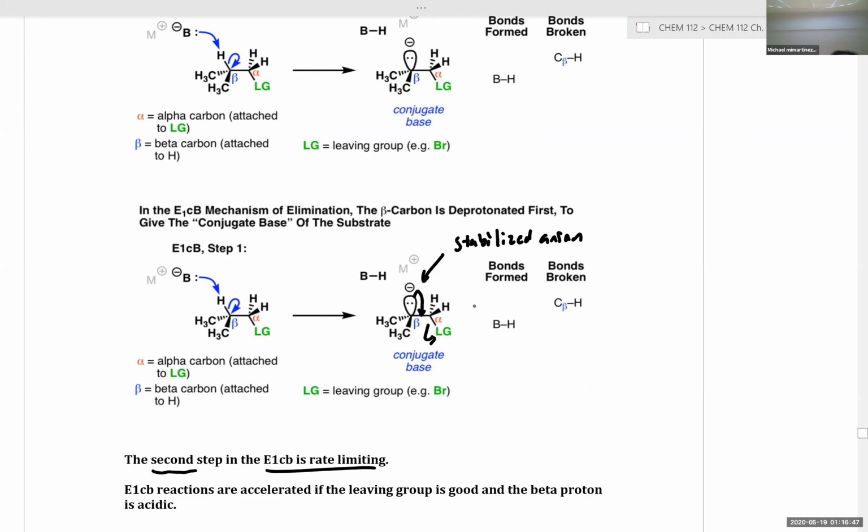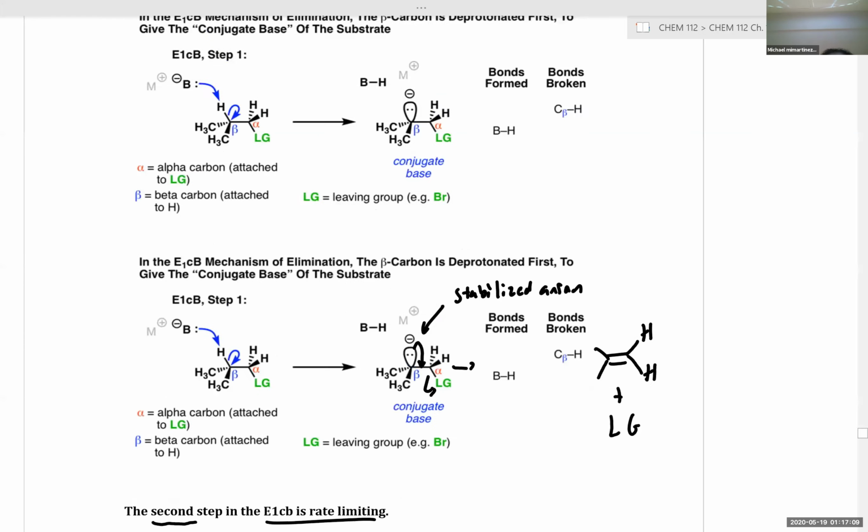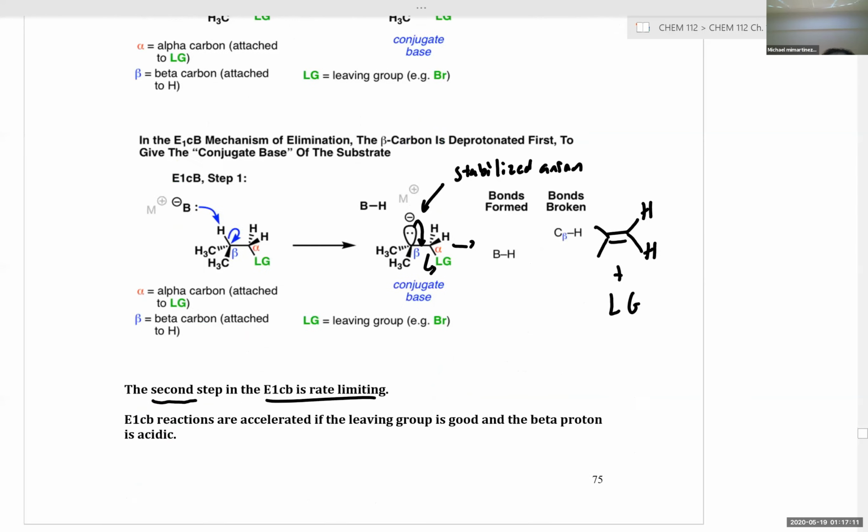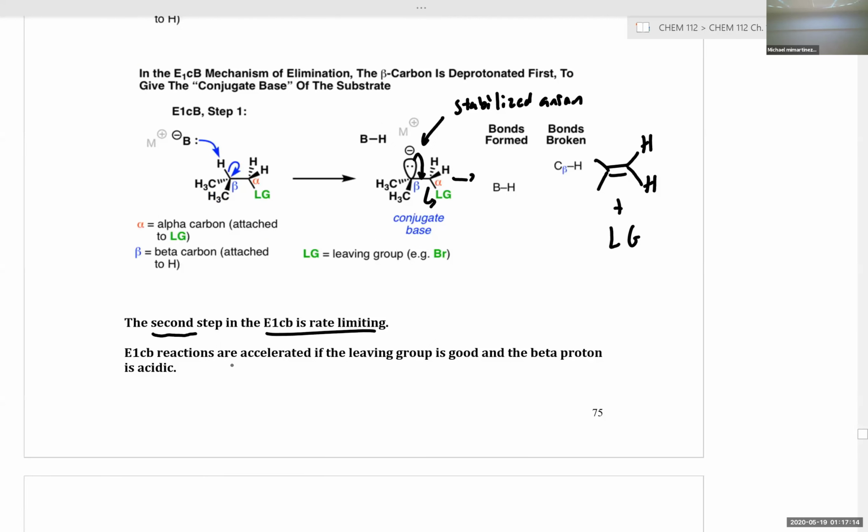That in turn generates the following product. So the second step in the E1CB reaction is rate limiting. And E1CB reactions are accelerated if the leaving group is good and the beta proton is acidic. So you're going to need your pKa table.